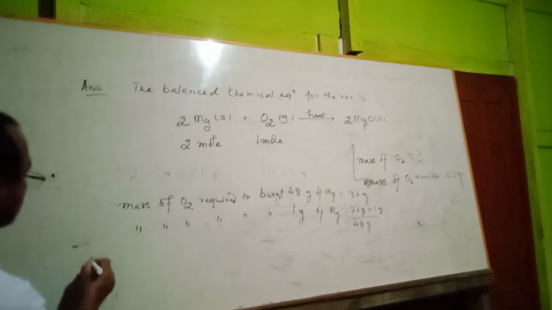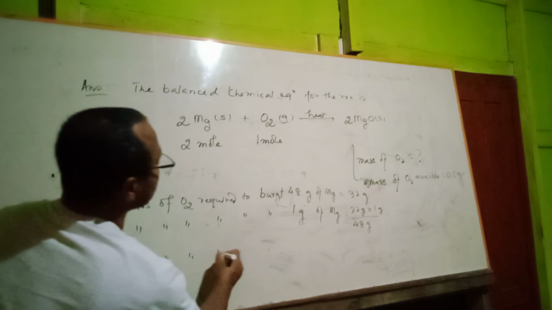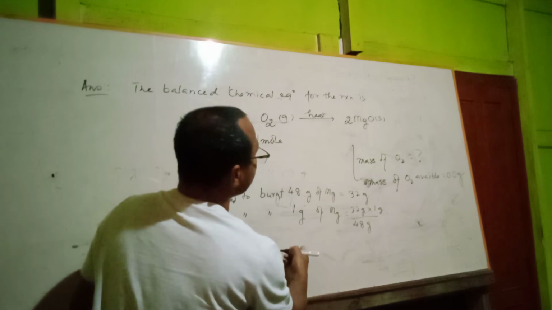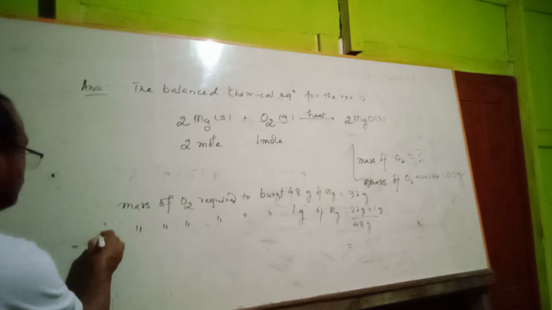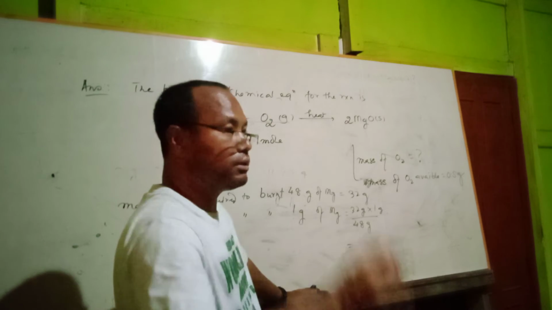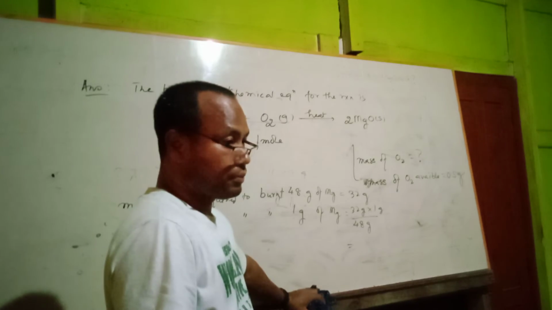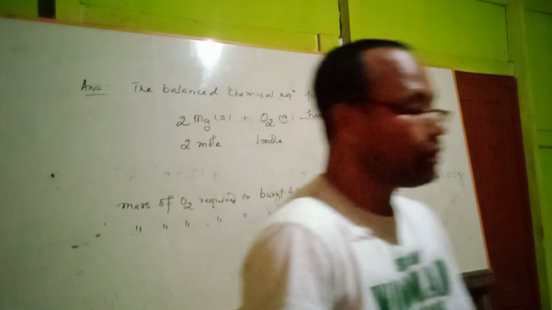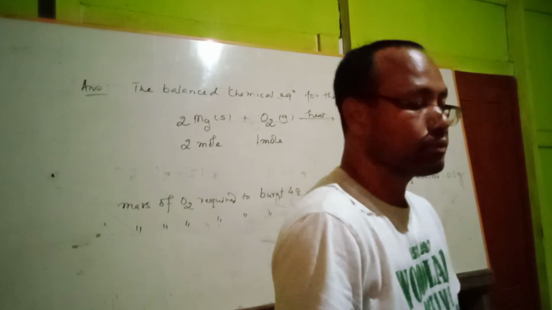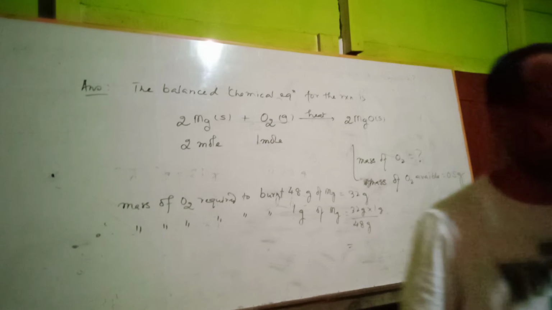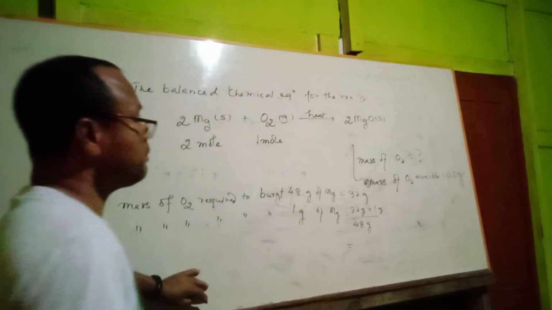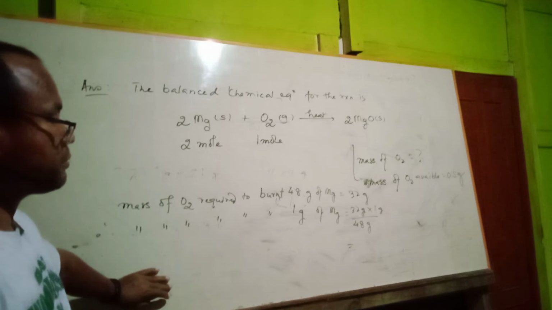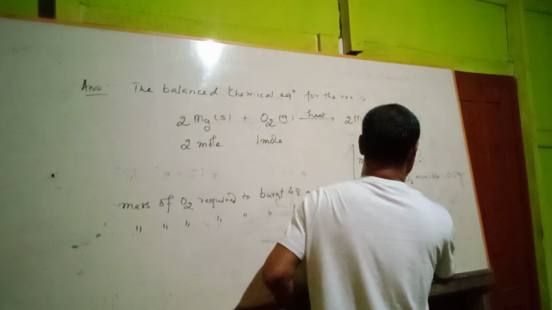Then what is the mass of oxygen required to burn? 1 gram is given there. You find out 32 divided by 48.